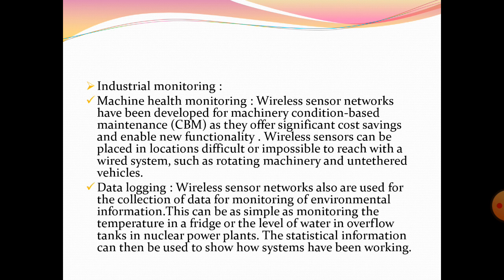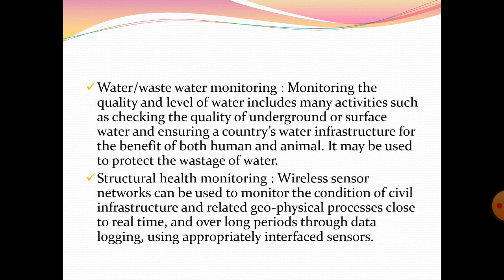Data logging. Wireless sensor networks are also used for the collection of data for monitoring of environmental information. This can be as simple as monitoring the temperature in a fridge or the level of water in overflow tanks in nuclear power plants. The statistical information can then be used to show how systems have been working.